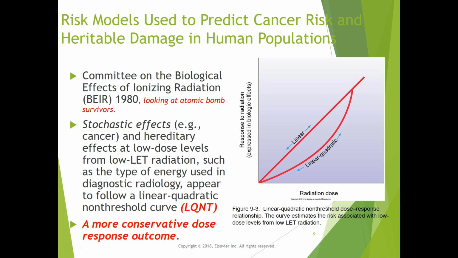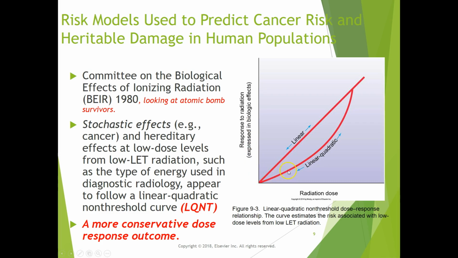So that's this curved part here on this chart. They said, well, this data appears to show that this curve is representative of what really happened to these people, and it's a little bit more conservative in regards to what the response would be.